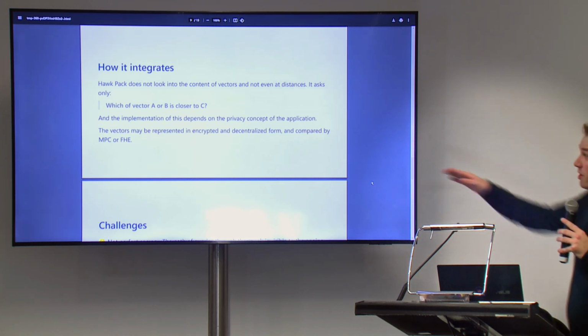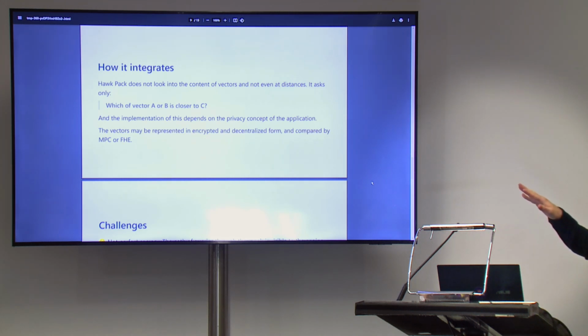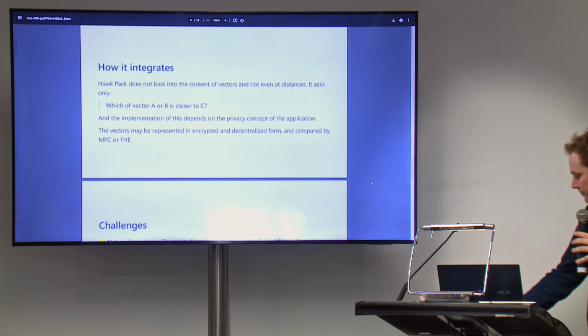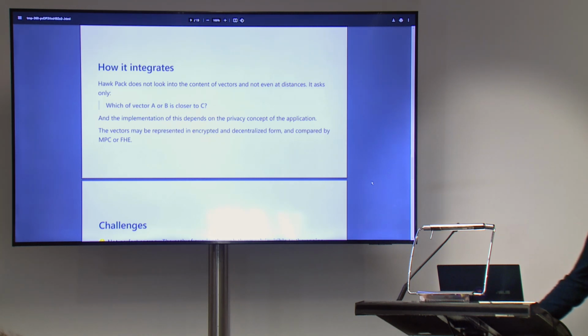And we have explored both, FHE, it's just HE, and MPC as well. So ultimately, we preferred MPC because it was faster. Even with homomorphic encryption, you're going to have an MPC to decrypt, right?